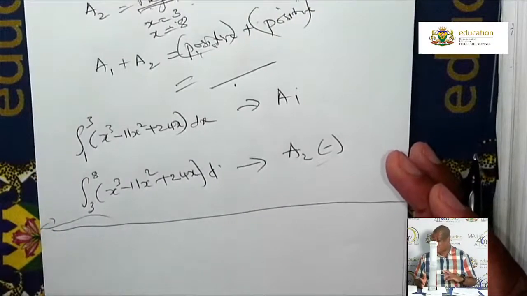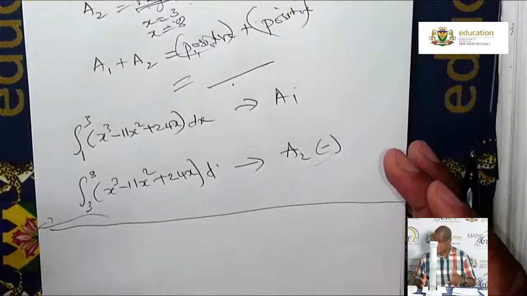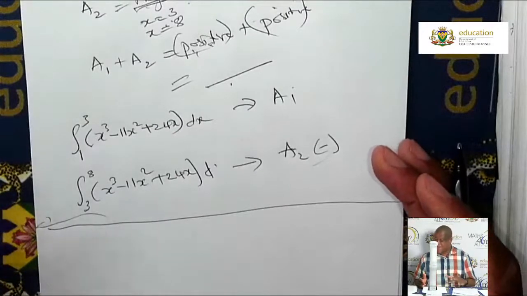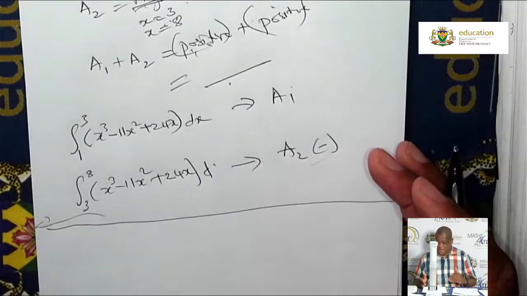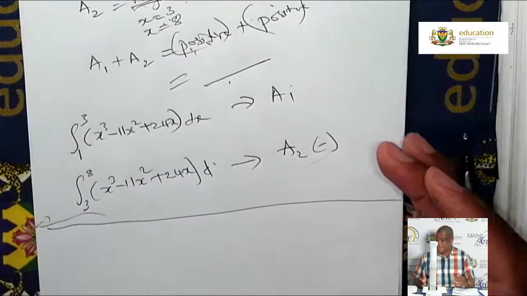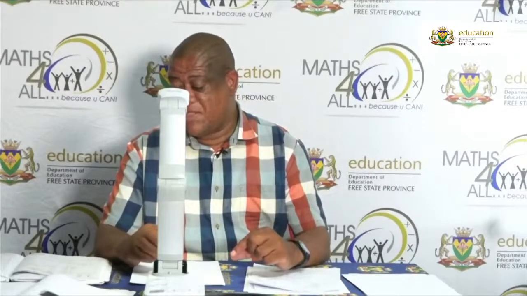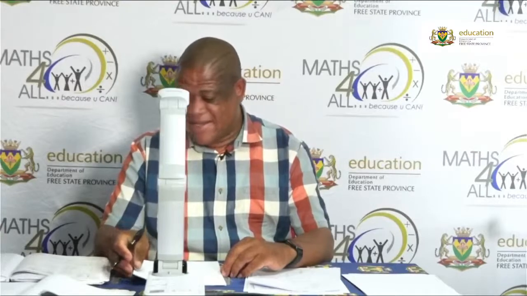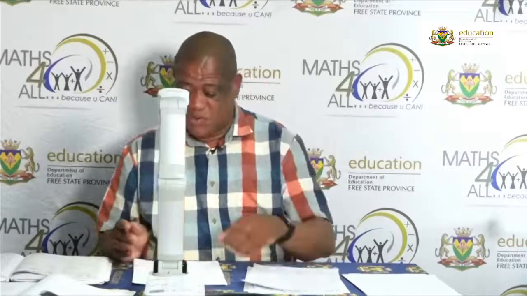Question 1 will be solve for x, 2 will be the nature of the roots, 3 will be exponents, logarithms, sets, 4 will be functions, 5 will be finance, 6 will be the calculus part, which carries a lot, and part of calculus on question 7, which will be the cubic function, and part of calculus on question 8, which will be the application, and then integration will be on question 9.